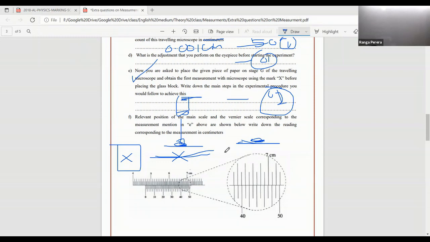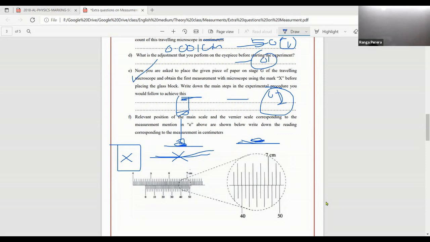If you just write adjust the microscope until an image of X is seen, that is fine, no issue. Can you understand my point? I guess you all are okay with my point. Unlock the microscope and adjust it until an image of X is seen.